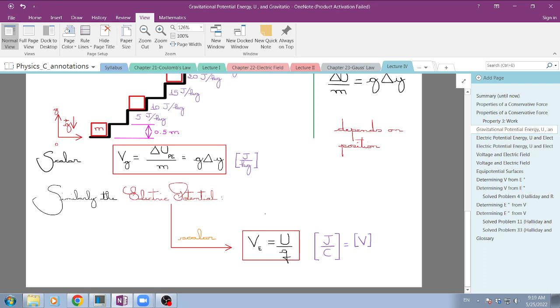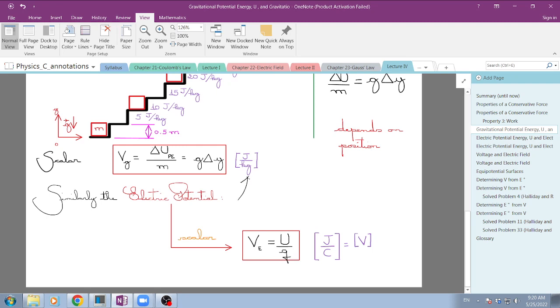So all you have to do when you are interested in finding what we call the electric potential is remember that it is exactly the same as what we did when studying the gravitational field. It's going to be energy, joules per coulomb.